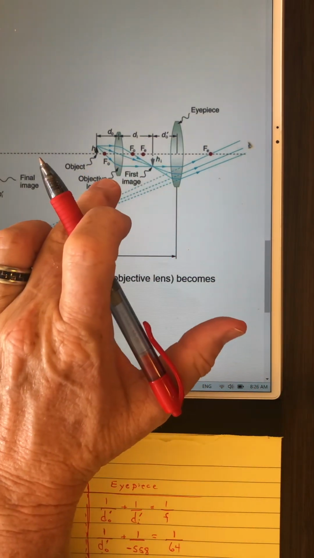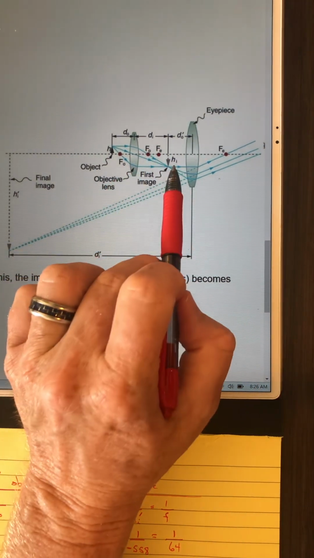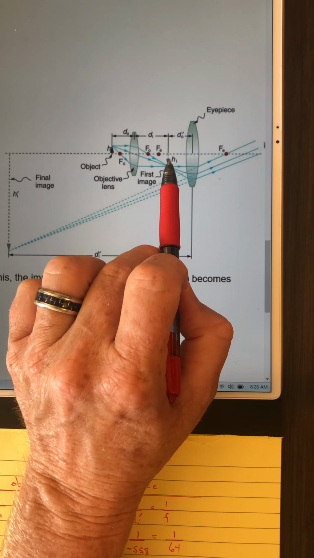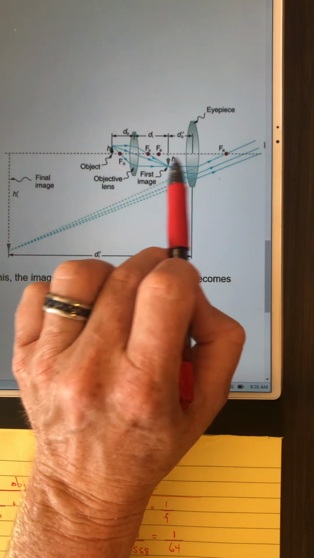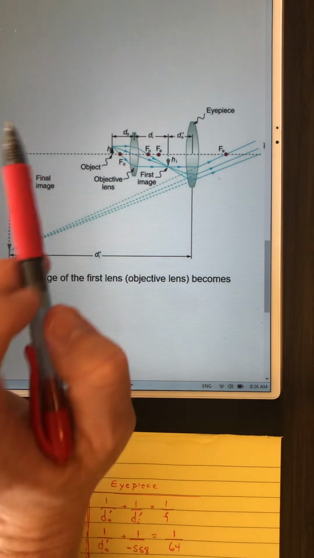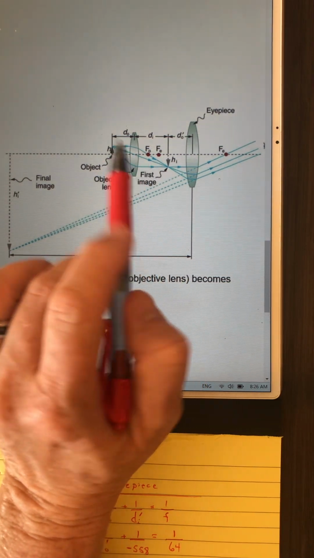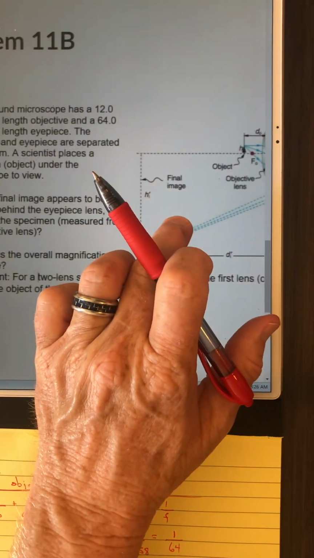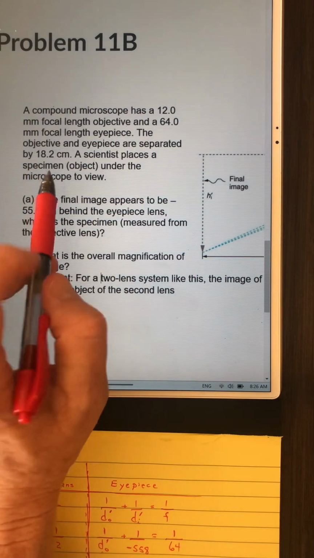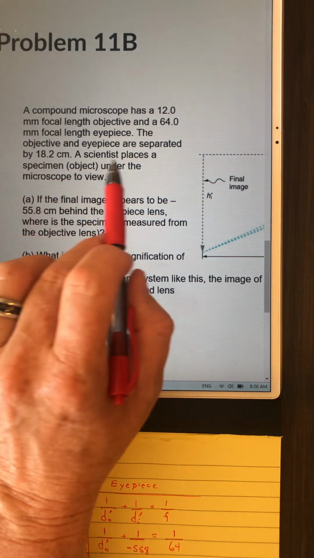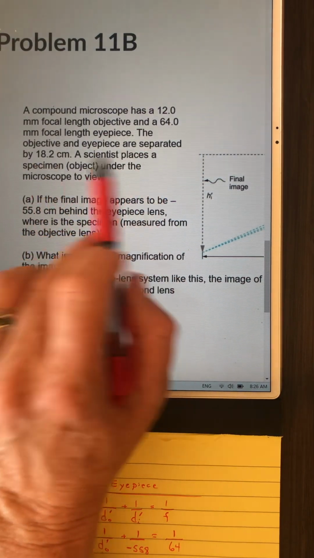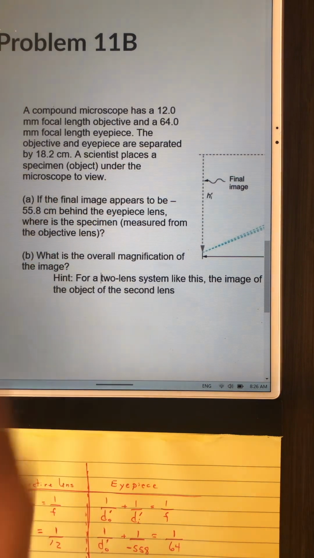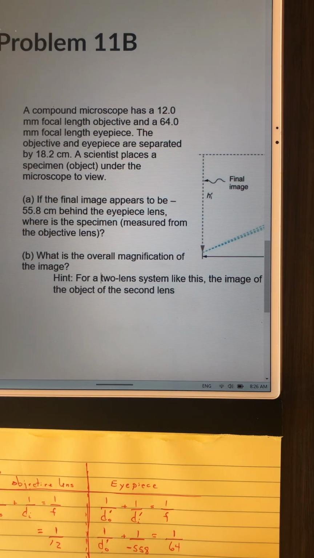So with that in mind, I could then figure out how far this is, which is the object of the eyepiece, and it's the image of the objective piece. And so they told me in here that the distance separating these two lenses, let me just call it L, is 182 millimeters.